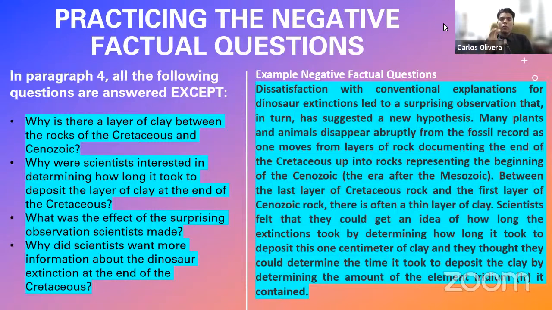Now, the wording of this type of question would be something like this. In paragraph 4, all the following questions are answered except. That's the reason why it is called negative factual questions. Because when you are reading the paragraph, this is something very common, right? In a scientific discussion, in a scientific document, in a scientific article, there are many questions and concerns responded to, right? Because that is what science does. Science, as a method, simply tries to serve human beings in order to respond to some questions that we may have.